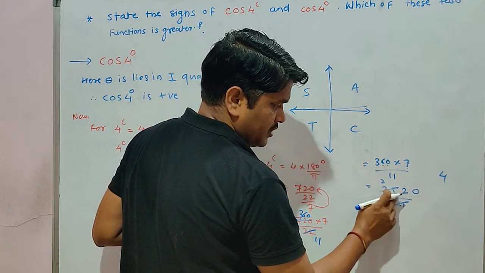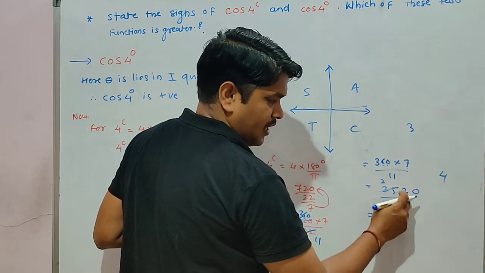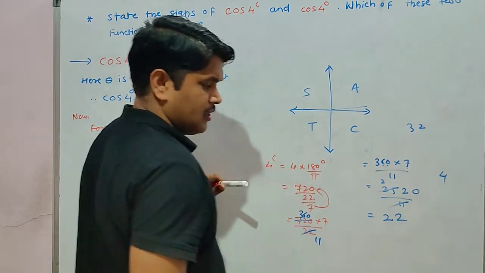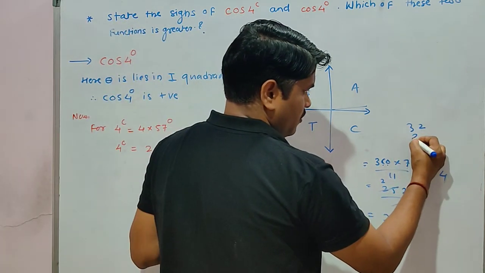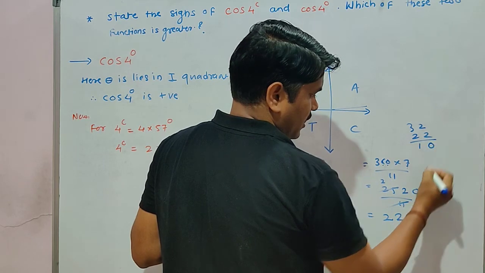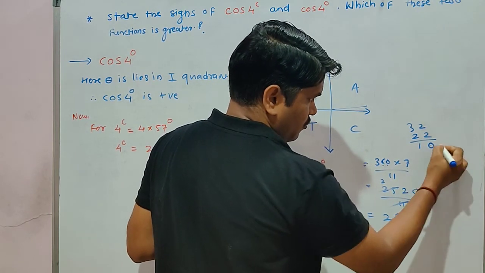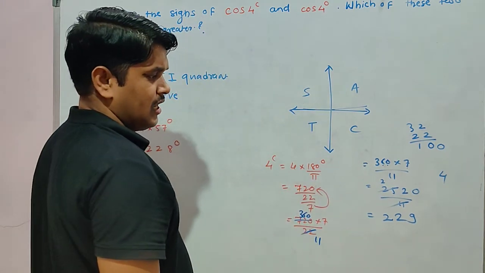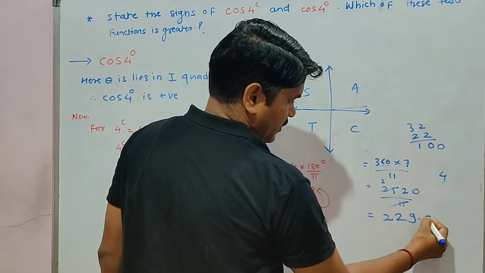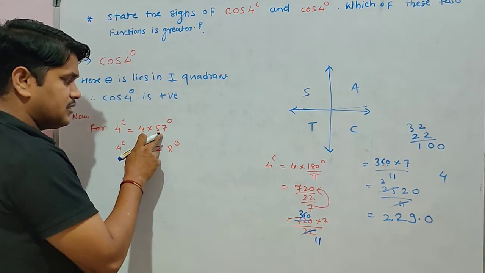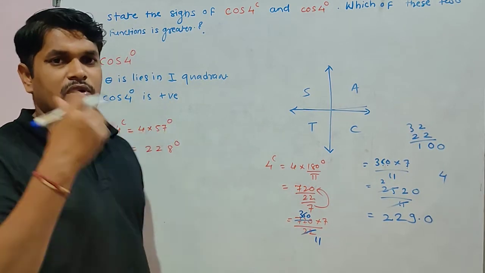11 ones are 11, 11 twos are 22, remaining is 3. Carry it, 32. Again dividing, 11 twos are 22, and we continue dividing. It is approximately the same, because here we have just taken 57, as it is 57 point something.